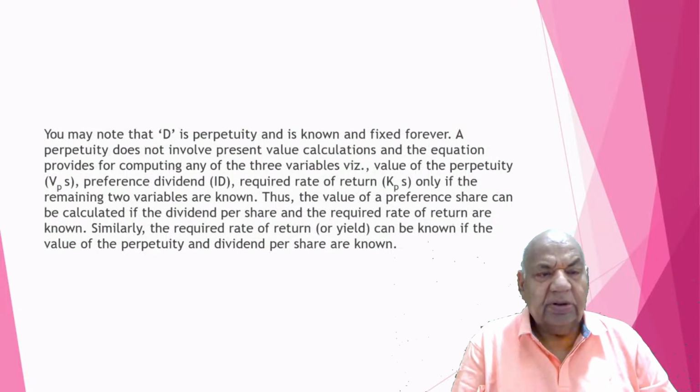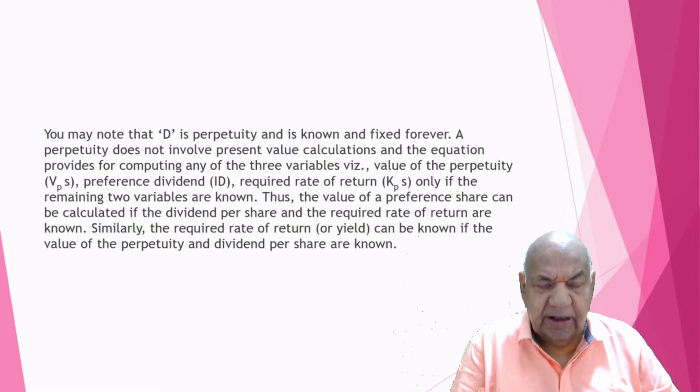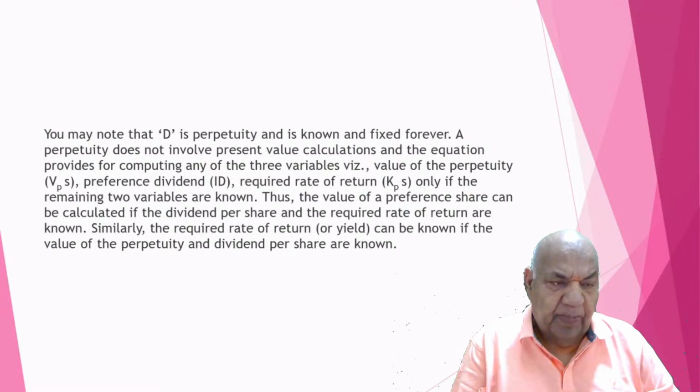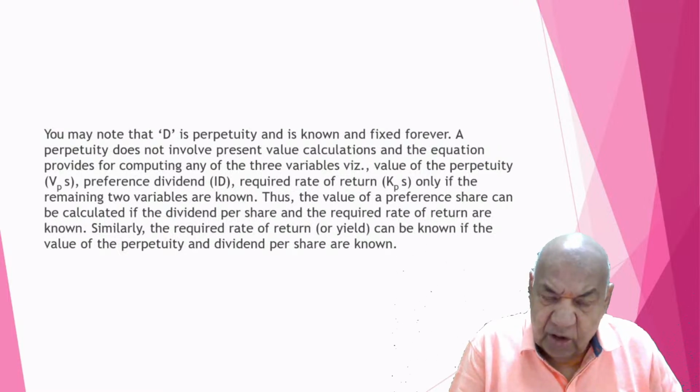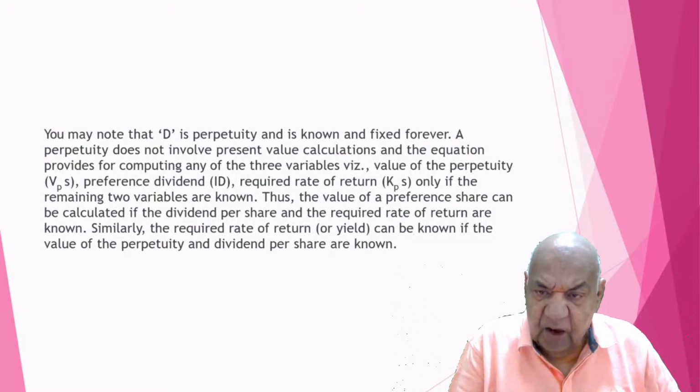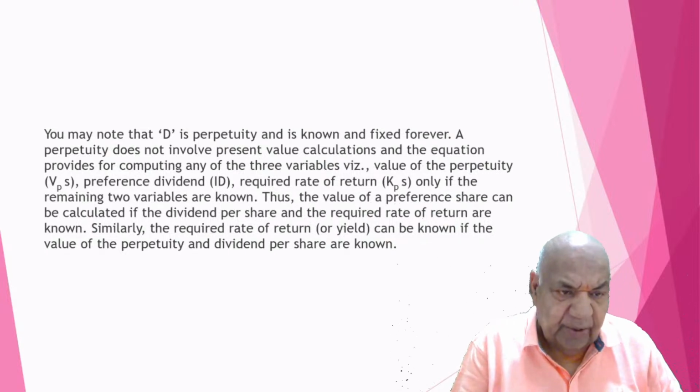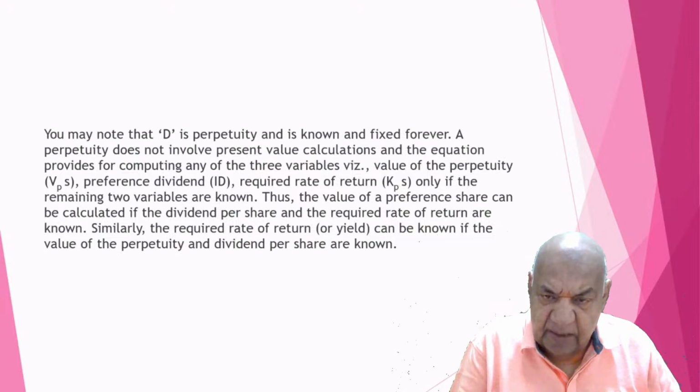You may note that D is perpetuity and is known as fixed forever. A perpetuity does not involve present value calculations, and the equation provides for computing any of the three variables, namely value of perpetuity, VPS, preference dividend, D, required rate of return, KPS.